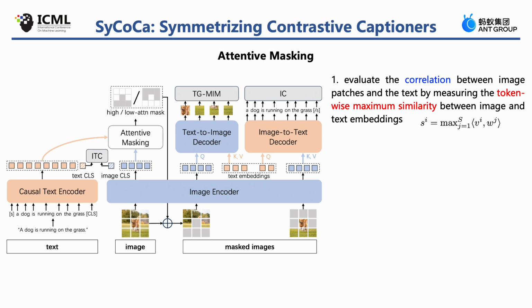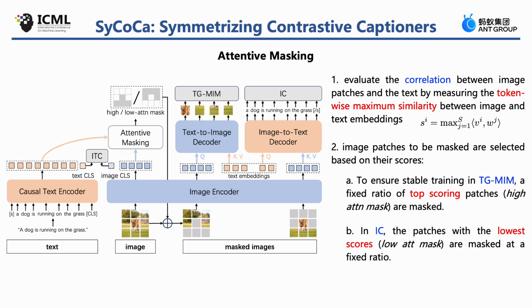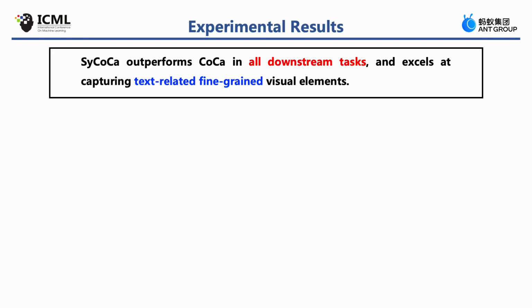Then we select image patches to be masked based on the scores. For TGMIM, we mask a fixed ratio of the top scoring patches, while for the image captioning, we mask the patches with the lowest scores at a fixed ratio.